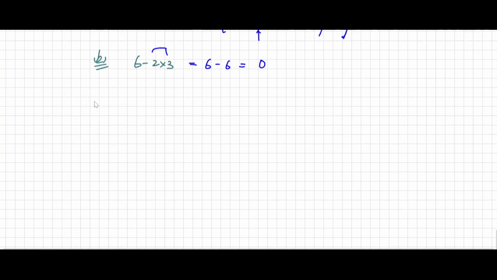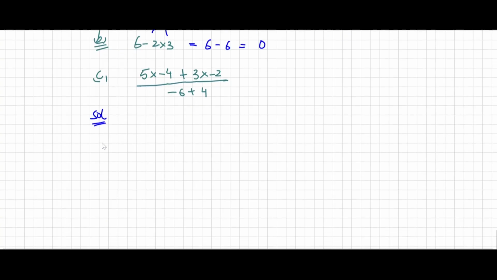Next, part C. Let's see part C. It says 5 into -4 plus 3 into -2, divided by -6 plus 4. So the solution will become like this.